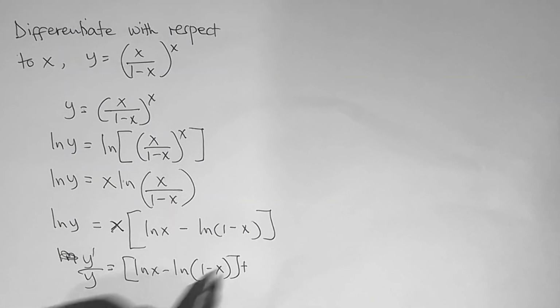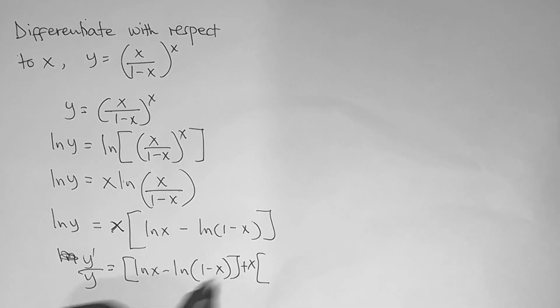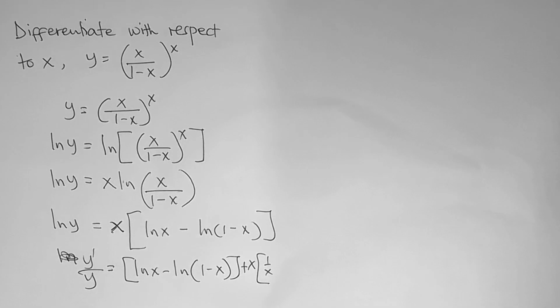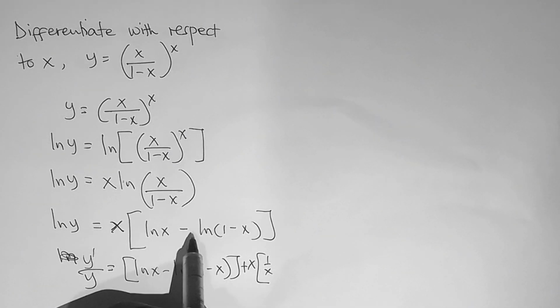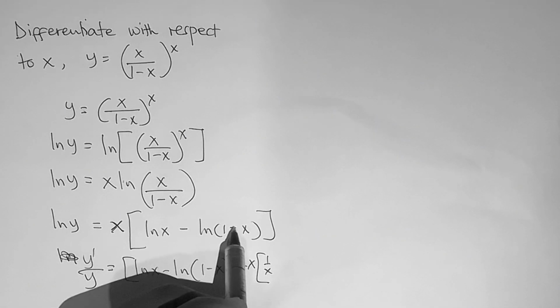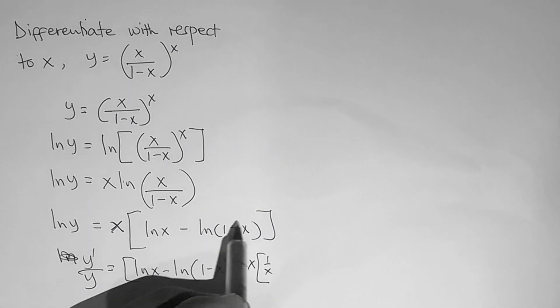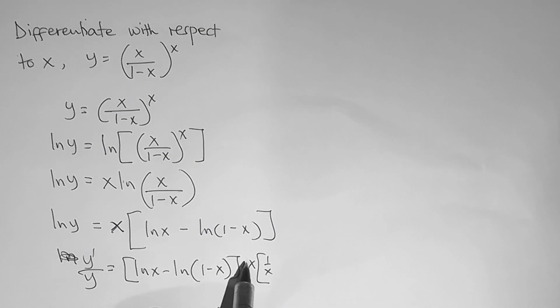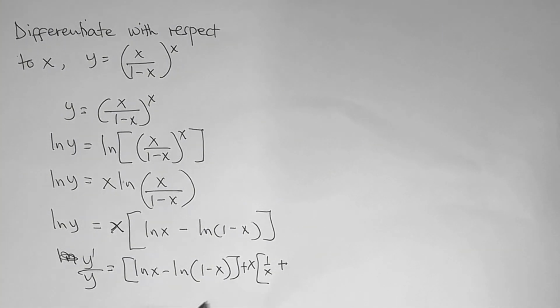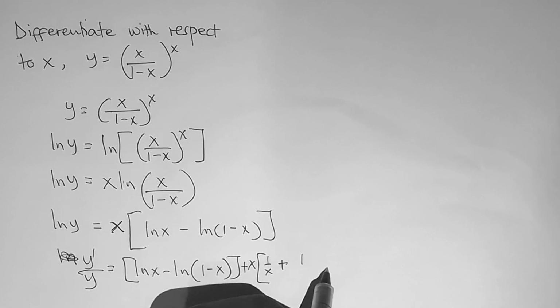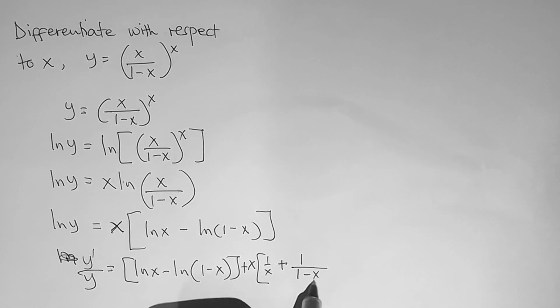Then you add it to, you keep x and multiply by, if you differentiate ln x, you get 1 over x. If you differentiate minus ln 1 minus x, if you differentiate 1 minus x, you get minus 1. Then minus 1 times minus 1 becomes plus 1. So this becomes plus 1 divided by 1 minus x.